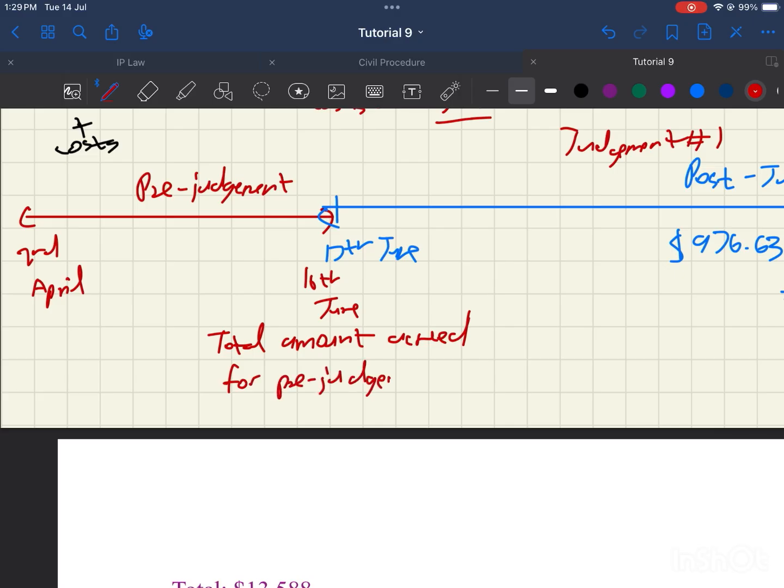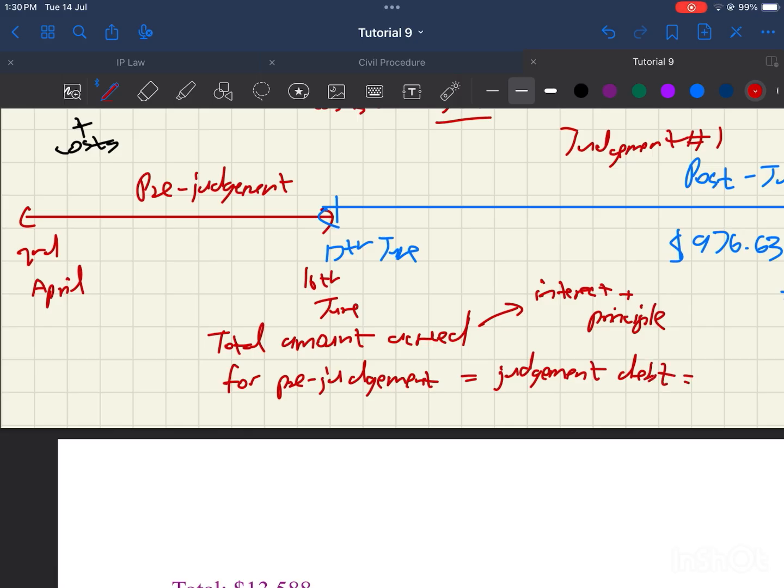And when I mean accrued, I mean this includes the interest and the principal that you're trying to claim, right? This is Loan Sharks Economics 101. Total amount accrued for pre-judgment at the date of 16th June can be referred to as judgment debt.